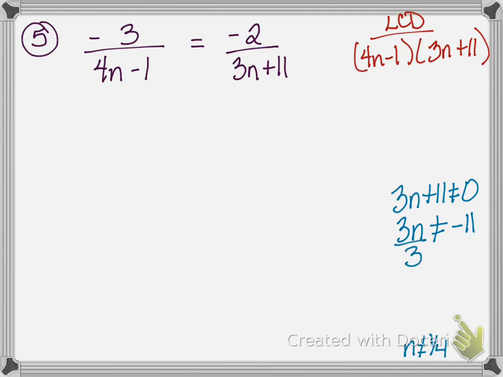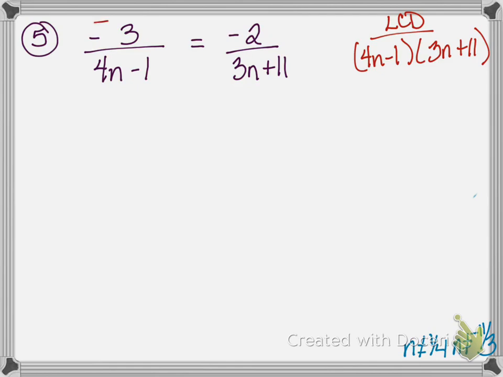I divide by 3, and I have n cannot be negative 11 over 3. So n cannot be 1/4, and n cannot be negative 11 over 3. I realize I wrote that down at the bottom, and so you may not be able to see that as much, but if it becomes an issue, I'll move it back up.